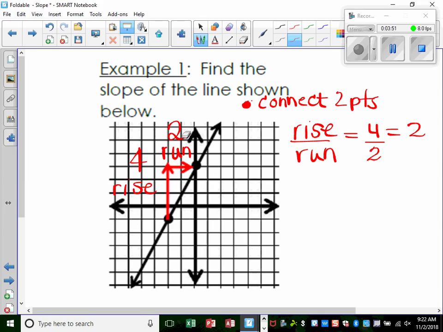So that's how we get these numbers right here. And you do want to reduce your number, so just don't leave it as 4 over 2. Even though by definition, slope is the ratio of the rise to run, so we normally have 2 numbers, it's understood when you don't see the number, there's an invisible 1. Okay?